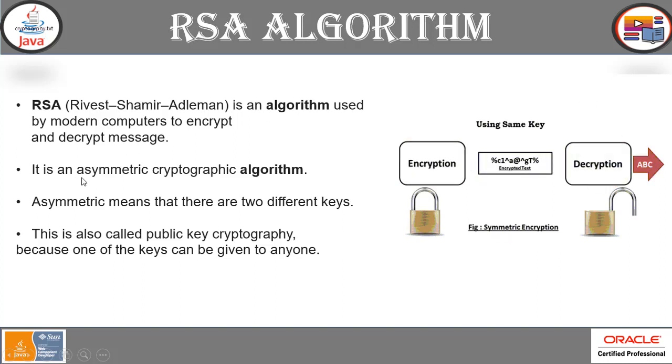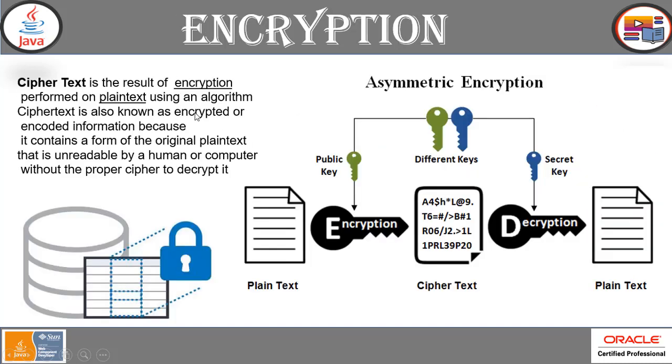It is an asymmetric cryptographic algorithm. And what does asymmetric mean here? That there are two different keys. To make it more secure, you have two different keys which are going to encrypt and decrypt at the other end. This is also called public key cryptography because one of the keys can be given to anyone. The other will be the private key. So this is the RSA algorithm.